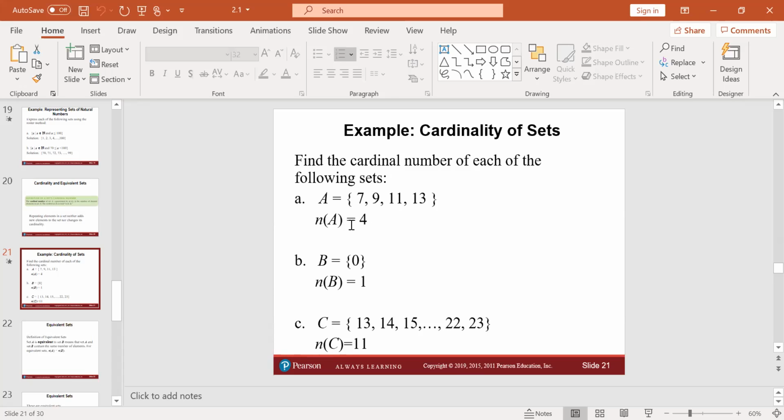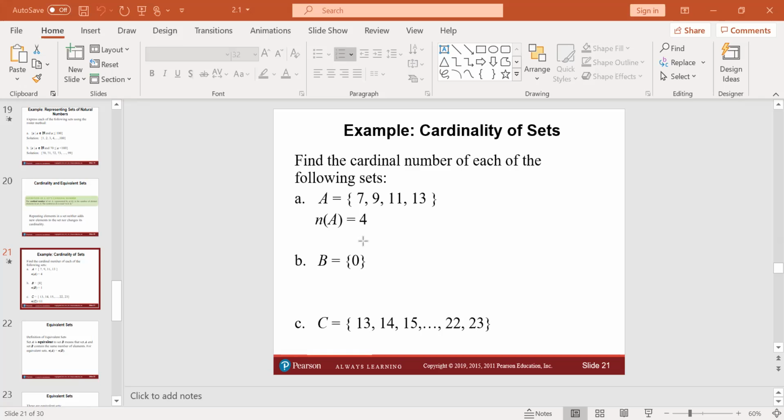So the number of things in A is 4. Let's even block these off a little bit. So all we're doing when we're talking about cardinality is talking about the number of things in that set.